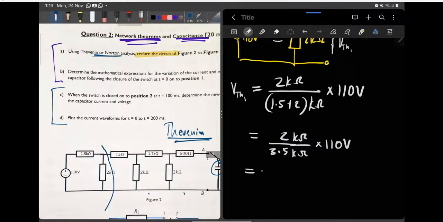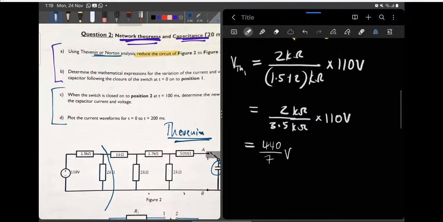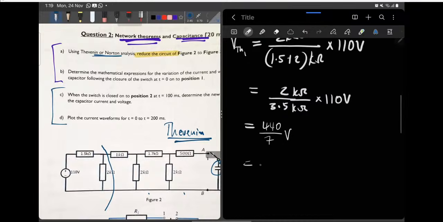Let's just say I decide to put it as 440 over 7 volts. This is going to be the very first one. Then if you want to put it as a decimal, that's up to you, as 62.8571, and this is going to be volts. We got it, right?